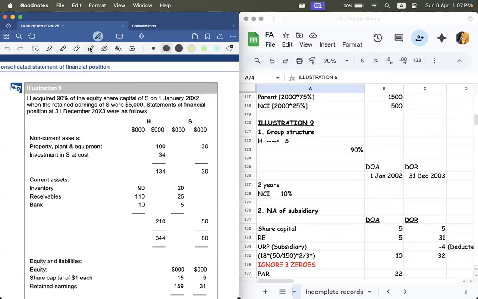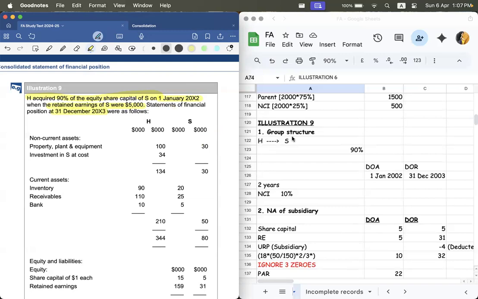H has acquired 90 percent of S. The DOA is 1st January 2002. The retained earnings at DOA is 5,000, and the year end is 31st December 2003.